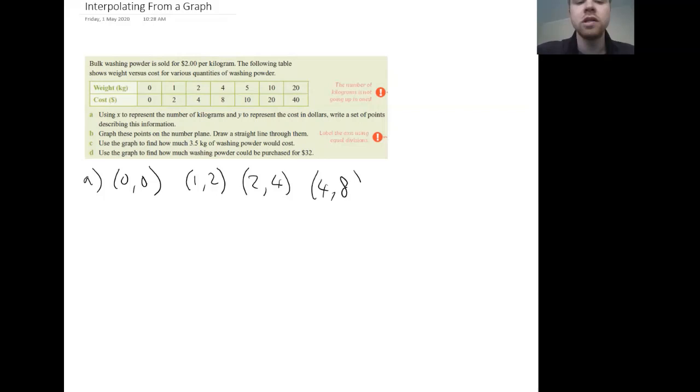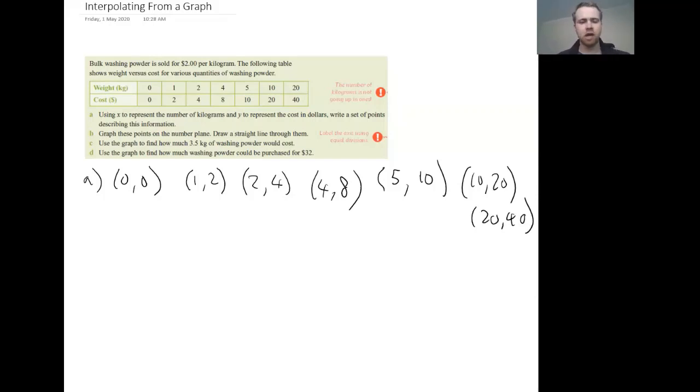Remember, coordinates on a number plane need to have two values with a comma in between them. So we write brackets, x value, comma, y value, as such. (10, 20), and I've run out of space, (20, 40). They're going to be our coordinates that we're going to put on a number plane soon.